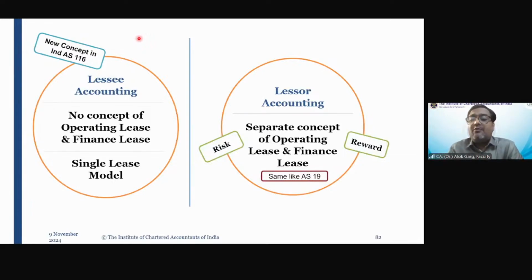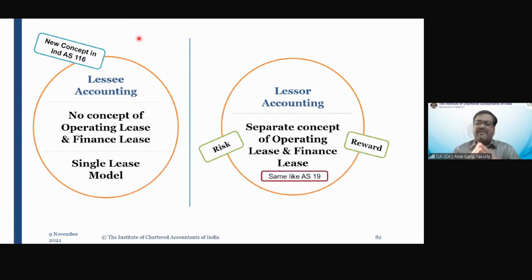So in lessee accounting, there is no concept of operating lease and finance lease. There is a single lease model where you capitalize your right of use asset and credit your lease liability. This is what we have studied so far.